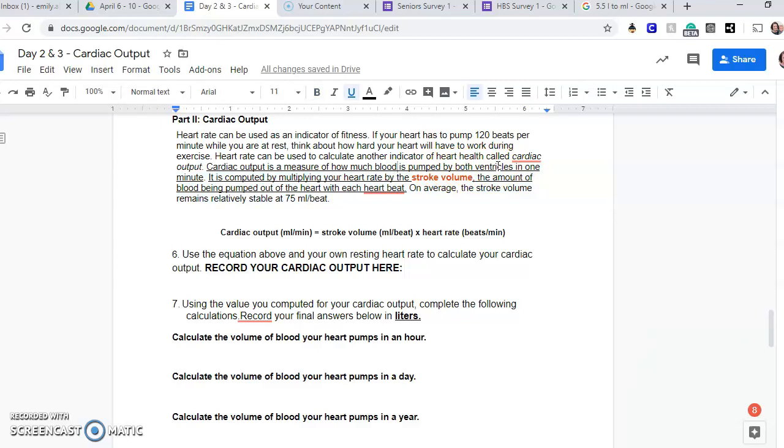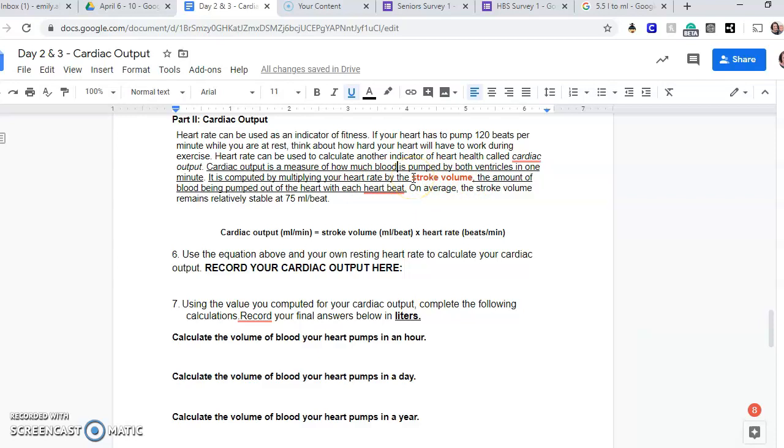In this case, they're using milliliters of blood. It is computed by multiplying your heart rate, which you figured out in step number 4 or 5, by your stroke volume.